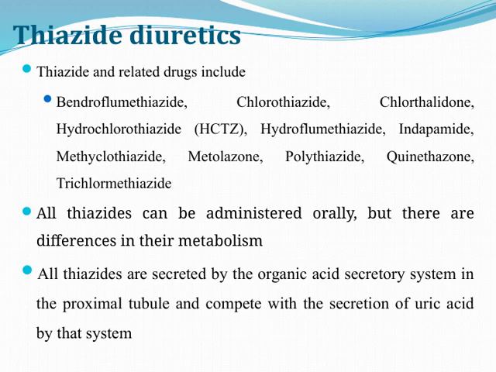This competition can lead to increased uric acid levels, which is important to keep in mind, especially for patients prone to gout or hyperuricemia. So, in summary, while thiazide diuretics are a versatile and widely used class, their differences in metabolism and their interaction with uric acid secretion are crucial considerations in their clinical application.